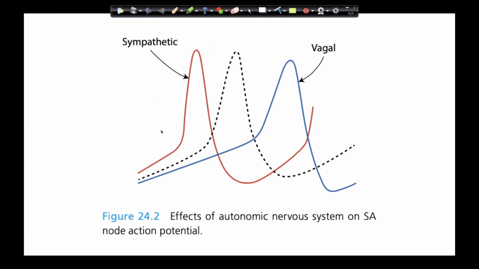So what does that mean? If this is what your normal sino-atrial node runs at, the sympathetic would increase the calcium influx, so that would increase the rate. And parasympathetic increases the efflux of potassium, slowing the rate of phase 4.